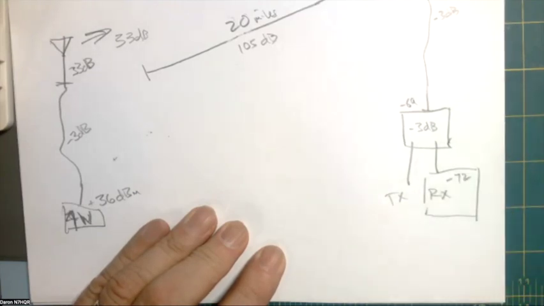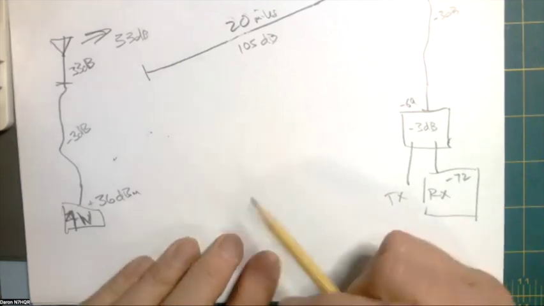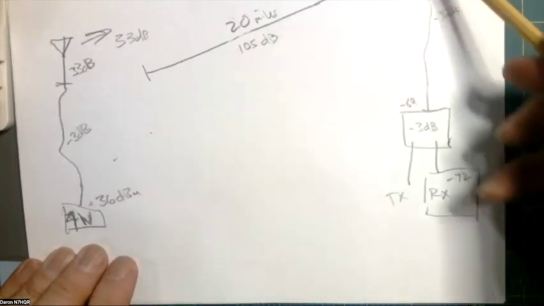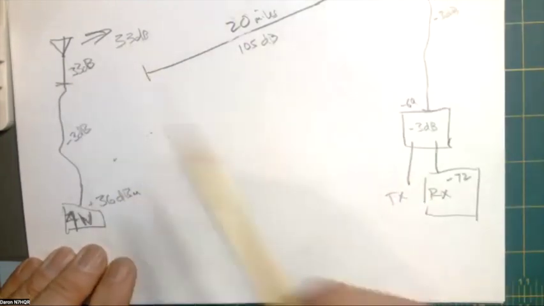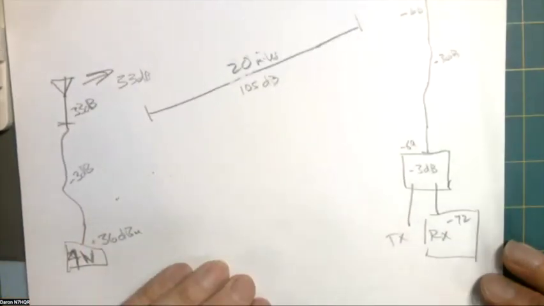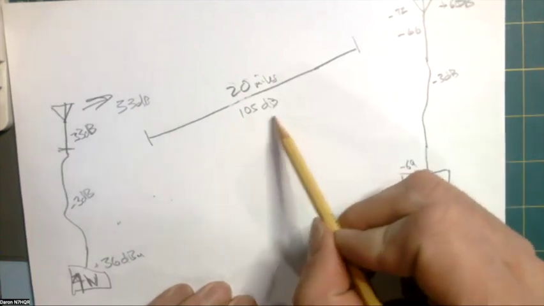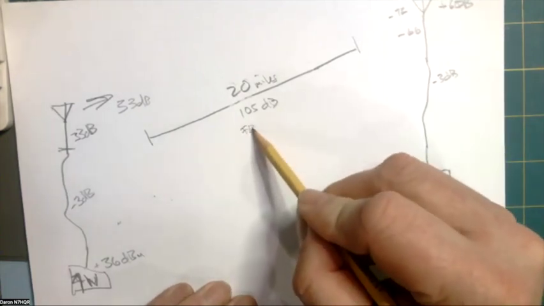The receiver will hear all the way down to negative 110 or so. So if you're trying to figure out how much power and antenna gain you need for a system to get connected, this is an easy way to do it. It's not foolproof because this loss figure here is free space.